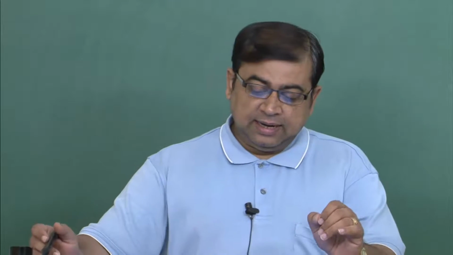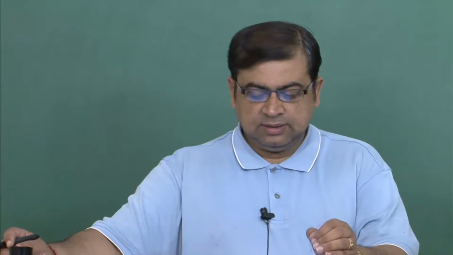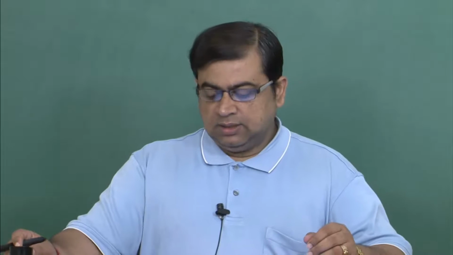So in fact grinding is quite similar to milling, except that abrasive wheels are used in place of milling cutters. In a milling cutter, there is one point at a time interacting with the surface, but in the grinding wheel there are many such points which interact at the same instant of time with the surface.